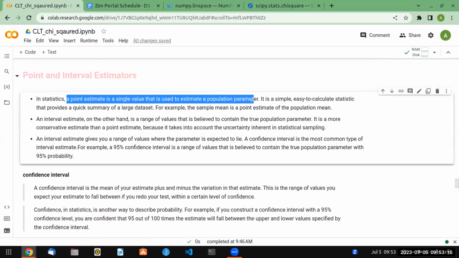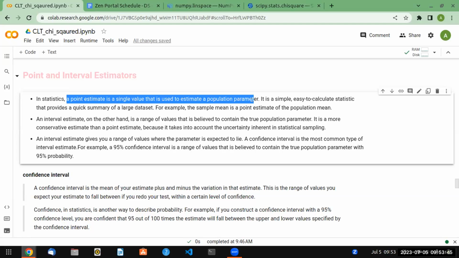So when I say 5.3, I am pointing out an exact number. And standard deviation is 2.2. When I say standard deviation is 2.2, I'm pointing out an exact number. This is called point estimation, when you are pointing out an exact number.